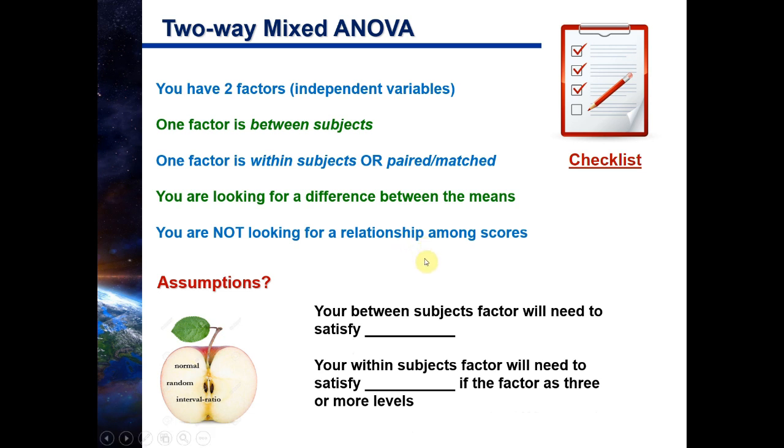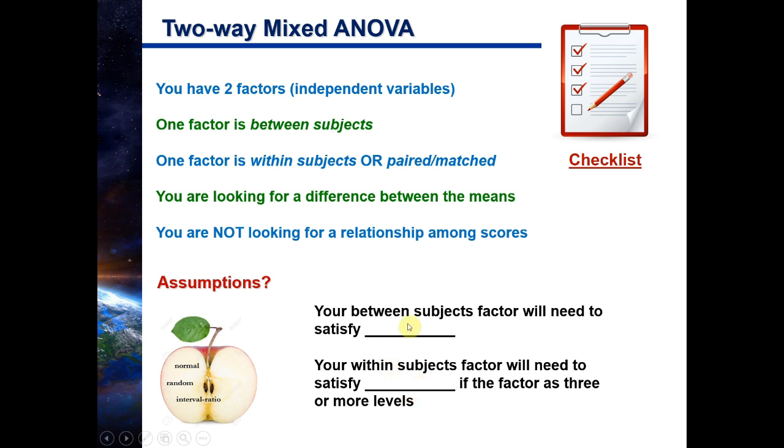Now, the reason why we have the plus two more is because we have a between subjects factor, which means you're going to have an additional assumption that you need to satisfy here for the between subjects factor. And then we have a within subjects factor, or matched, right? So we have this other one, which means you're going to have an additional assumption for this factor.